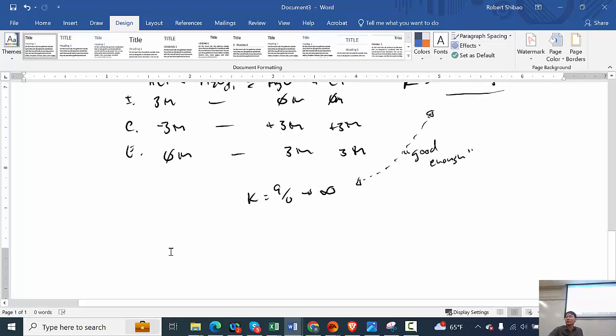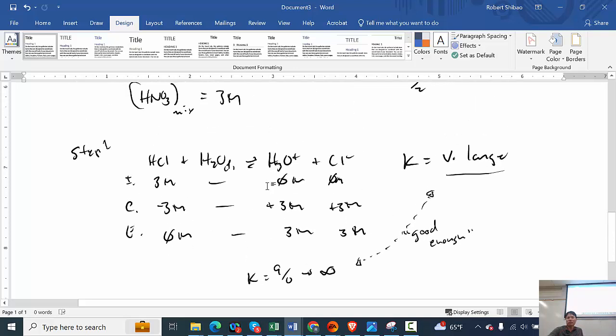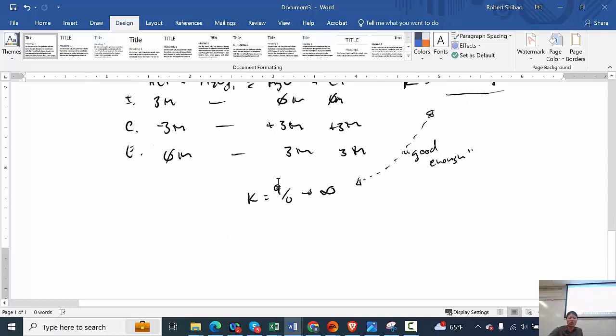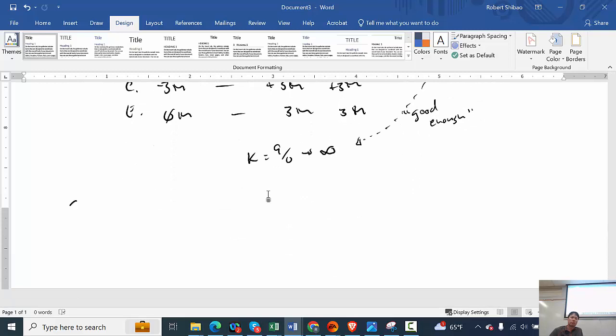All right, step 2. What's the next strongest acid? Is it hydronium? No, it's not actually hydronium. You know what the next strongest acid is? Nitric acid. And what's the strongest base present? Water.